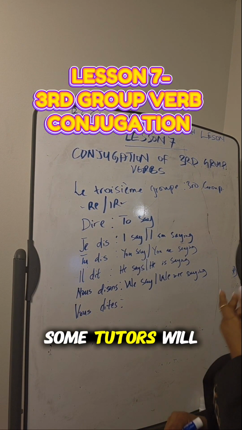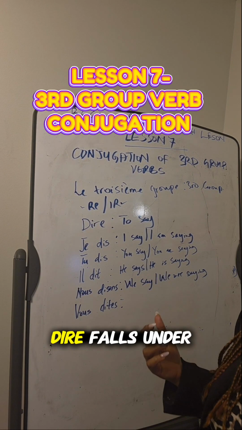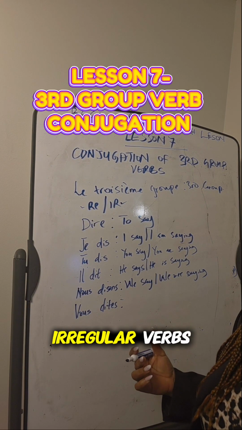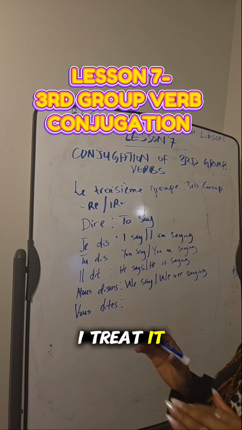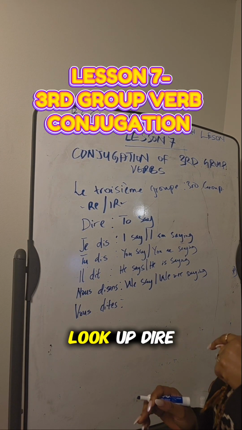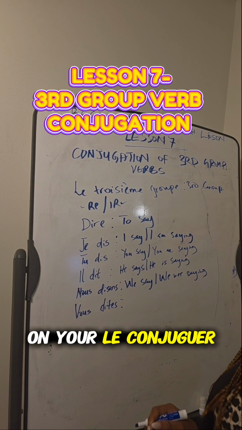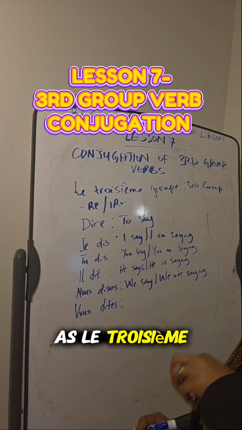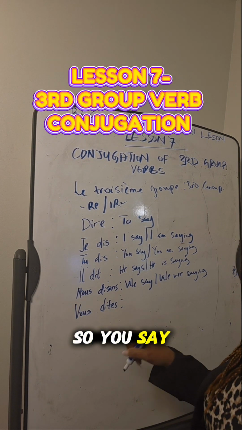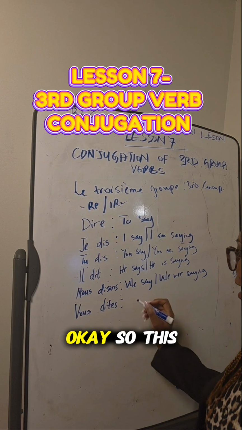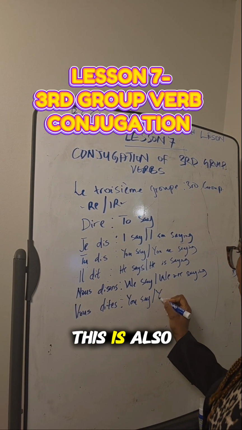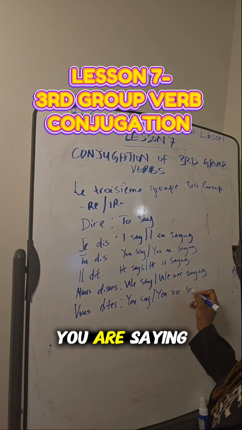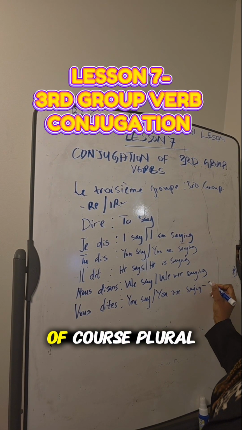By the way, some tutors will tell you that the verb dire falls under irregular verbs. I don't treat it as an irregular verb. I treat it under third group verbs. And when you look up dire on your le conjugué, it groups it as le troisième groupe. So you say in French is vous dites. This is also you are saying, of course, plural.